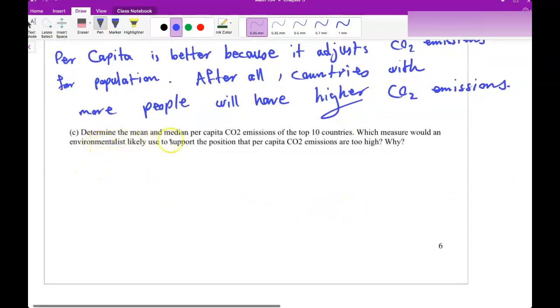Part C: determine the mean and median per capita emissions of the top 10 countries. Which measure would an environmentalist likely use to support the position that per capita emissions are too high? Why?